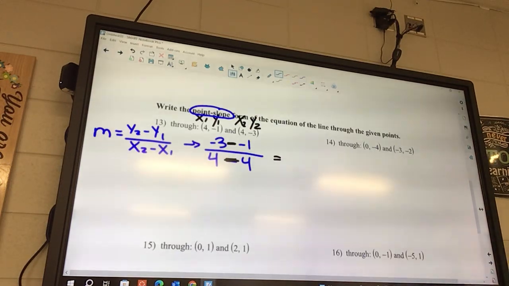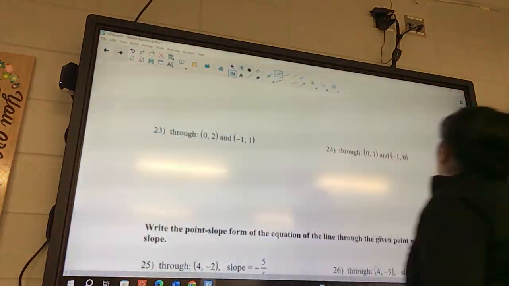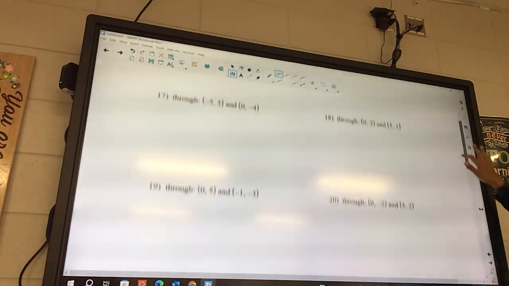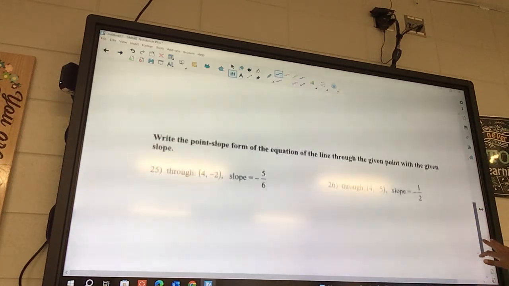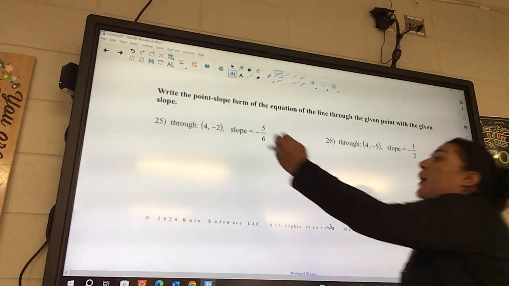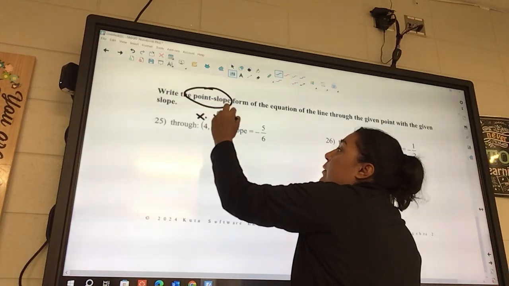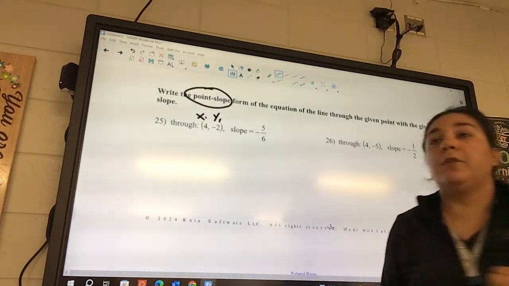Go to number 25. I actually want to start with number 25. I think it's going to be easier to do these ones first and then work our way backwards. Okay, so this one says write the point slope form. Do we have a point and a slope? Yeah, right? This is the point, x1, y1, and the slope. And what letter do we use for slope?